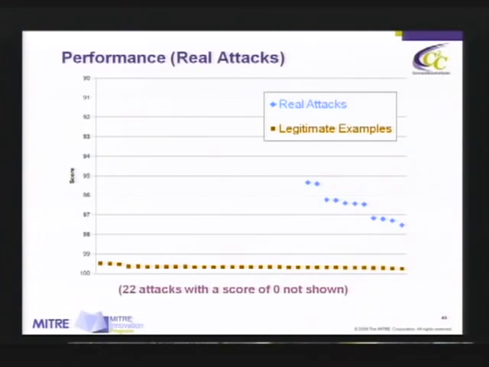So if we're setting our threshold that way, we're in fact catching every single real attack, and the results were showing that we had a precision of about 99% if there was an even number of attacks to legitimate cases. Hopefully in the real world your number of attacks isn't as high as your number of legitimate queries, so you will see a bunch of false positives as a result of doing something like this.